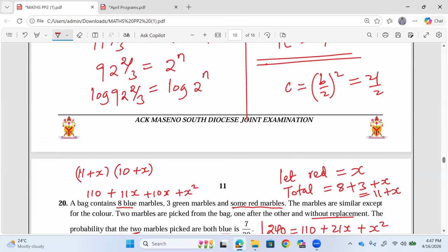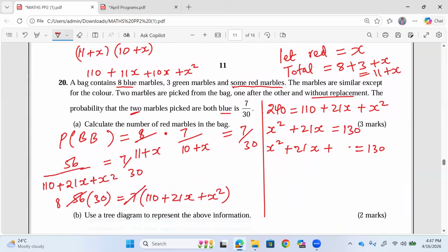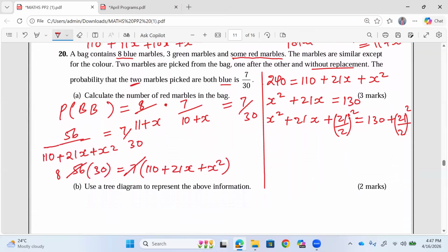So 21 over 2 and we square. 21 over 2 squared. So we also add 21 over 2 squared on both sides.